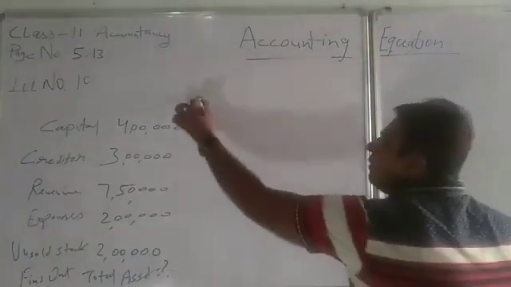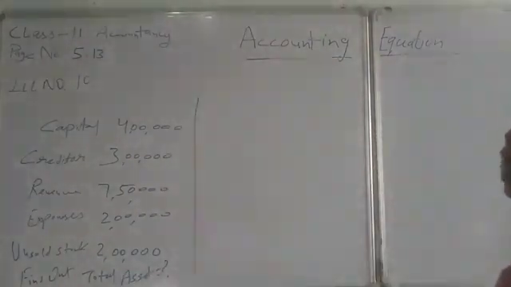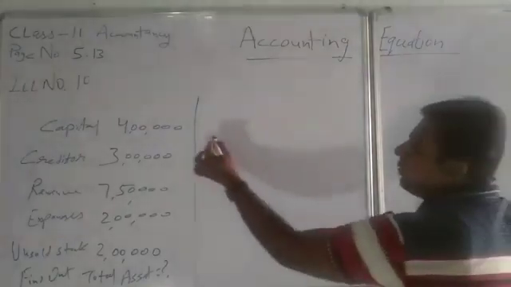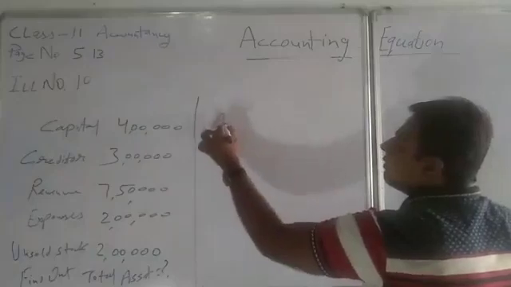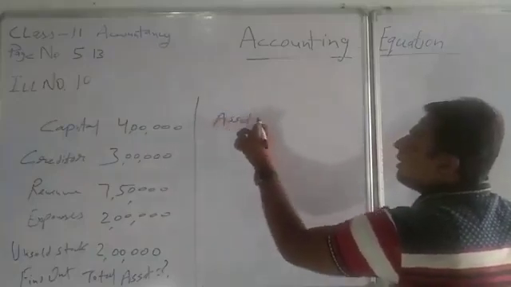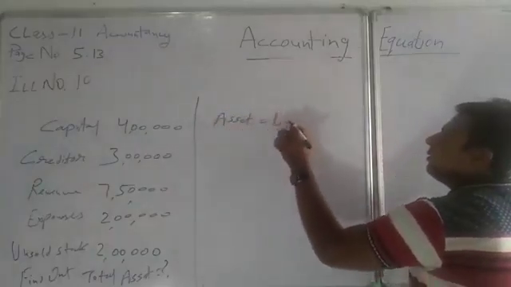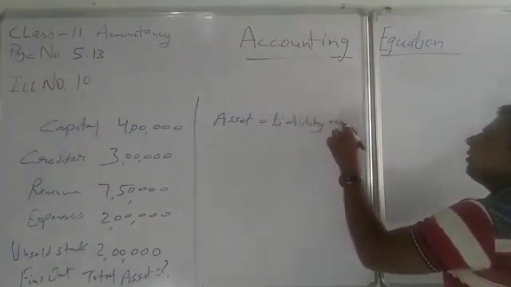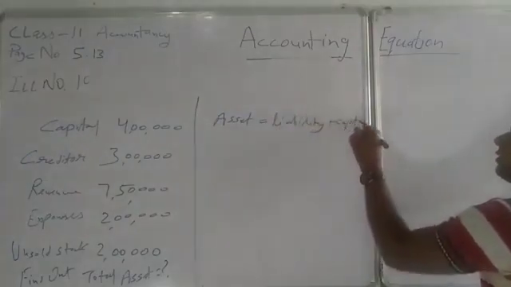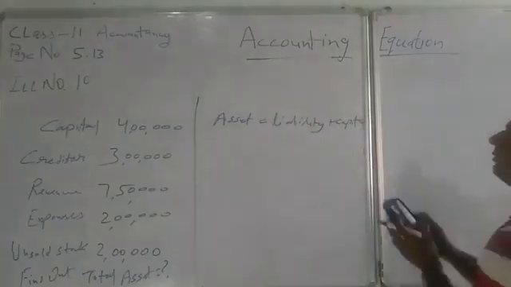So, how to find out total assets? As you all know, see the solution. You know the accounting equation: asset is equal to liability plus capital.